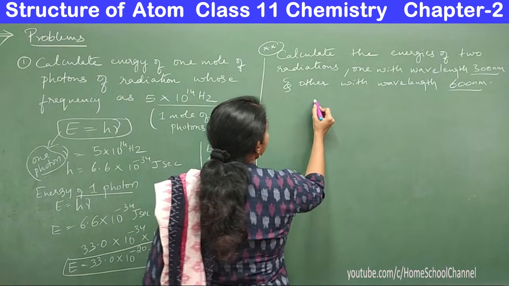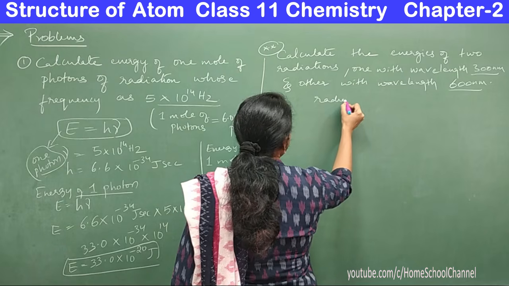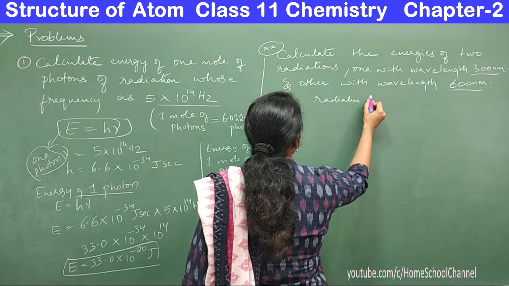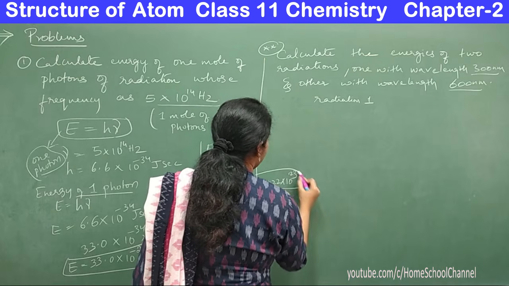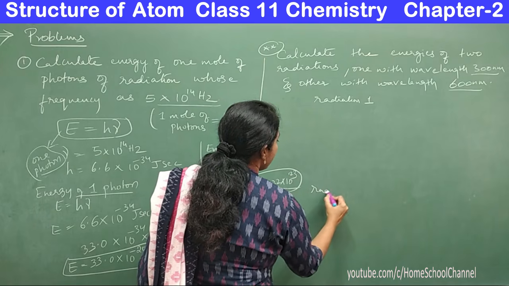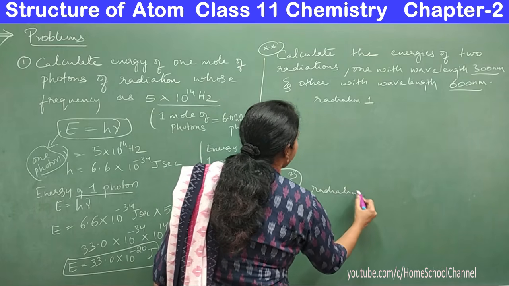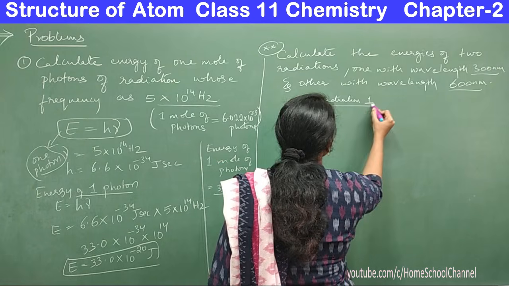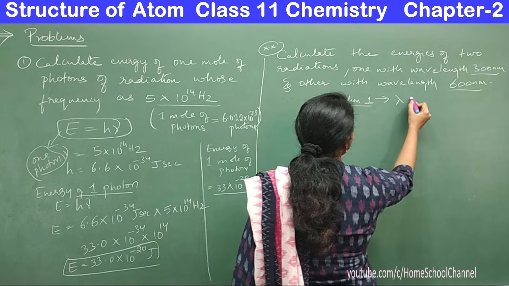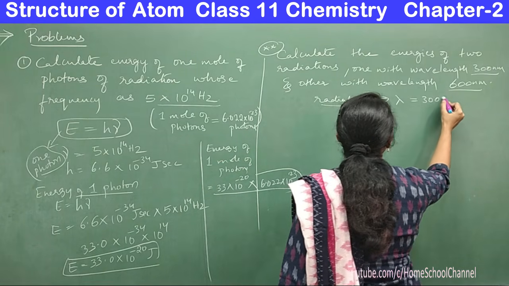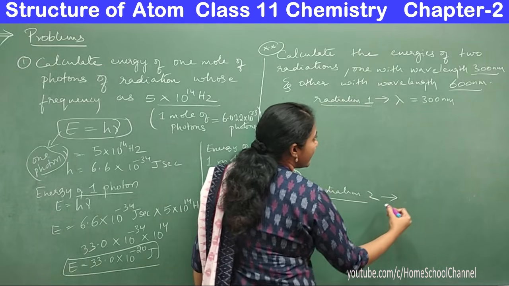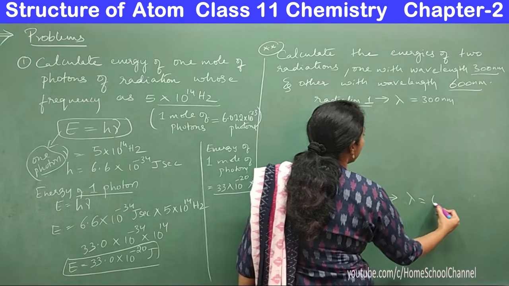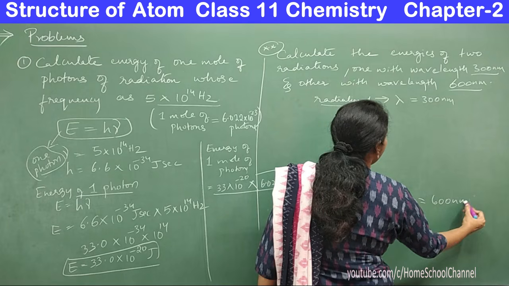So you have radiation 1, which has wavelength lambda equal to 300 nanometer, and radiation 2, which has wavelength lambda equal to 600 nanometer.